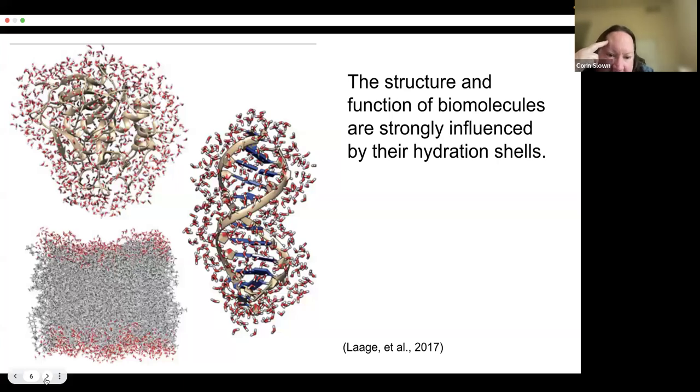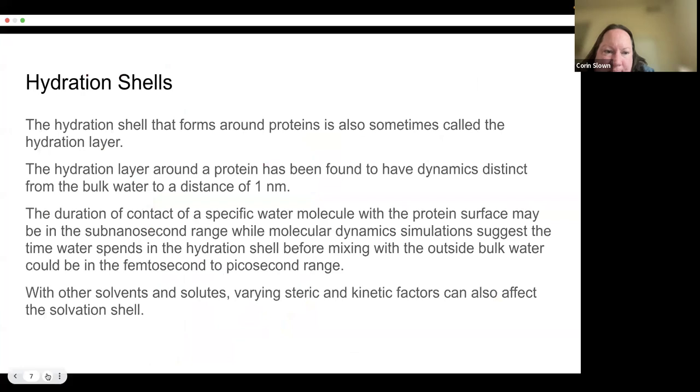You can see examples of this in the way water organizes around DNA, or around a globular protein, or in the bottom leftmost example, around a phospholipid bilayer. So part of our job today is to start to think about those organizing principles of water and to go a little bit deeper.